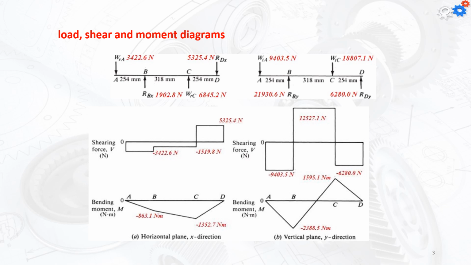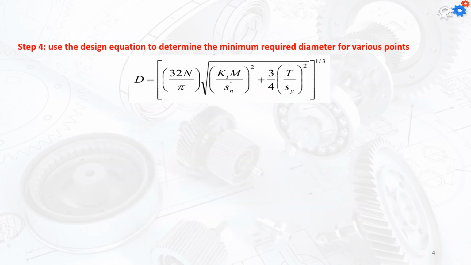The load, shear, and moment diagrams will help a lot to identify and calculate the forces we have in different sections, which mainly again to work on the section A, B, C, and D, with some assumptions about the distance between them and the types of the fillet radii we're going to have for these different sections. The main equation to determine the minimum required diameter for various points is going to be the equation we have in the textbook.